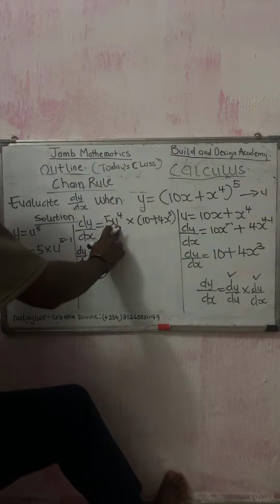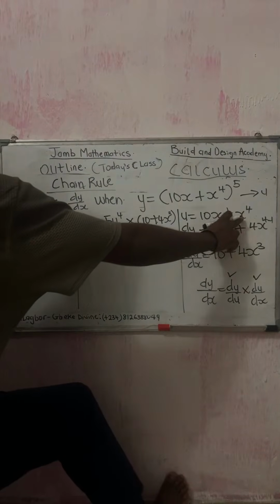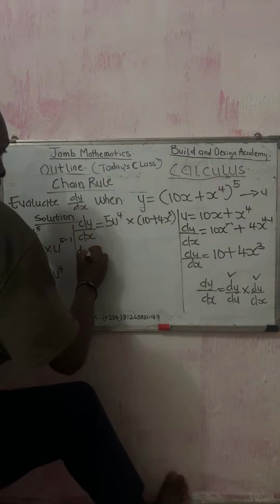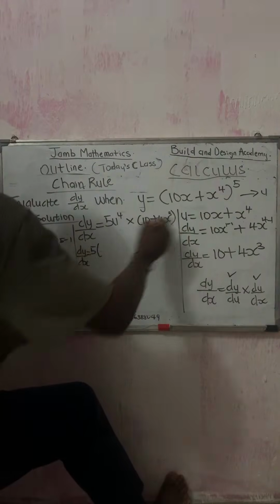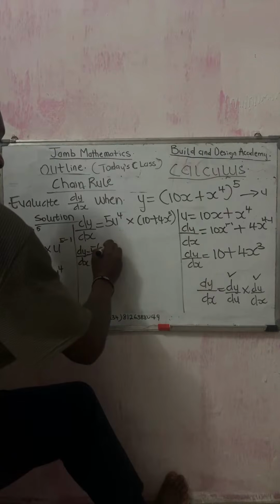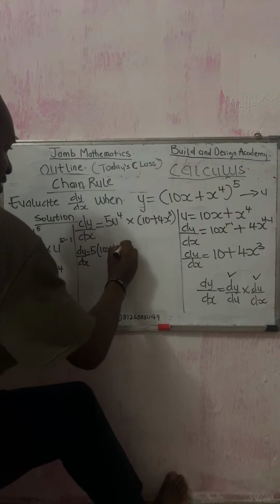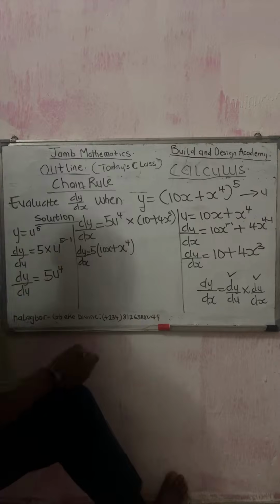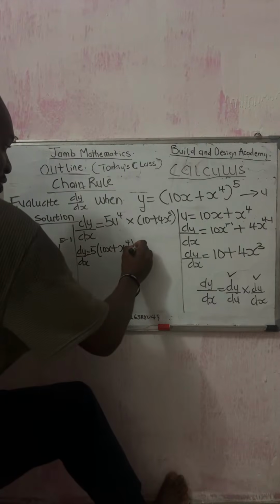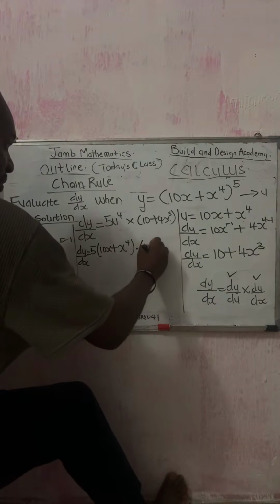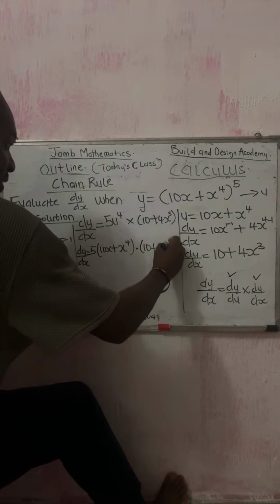Since our original value for u is 10x plus x raised to the power 4, we now have dy over dx equals 5 times the original value of u, 10x plus x raised to the power 4, raised to the power 4, then times 10 plus 4x raised to the power 3.